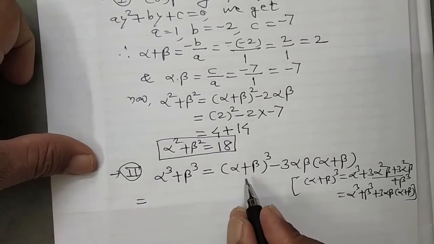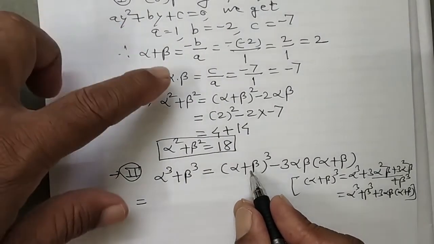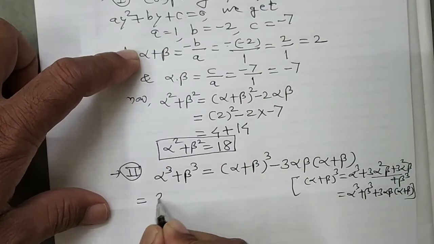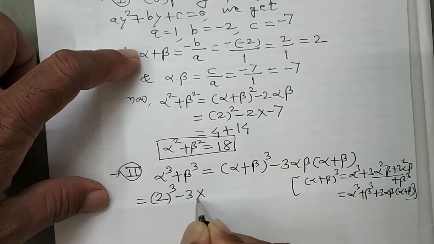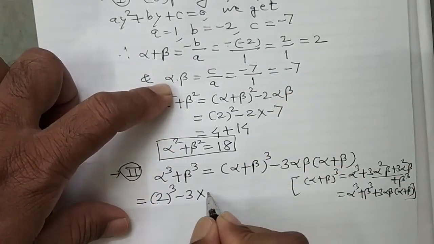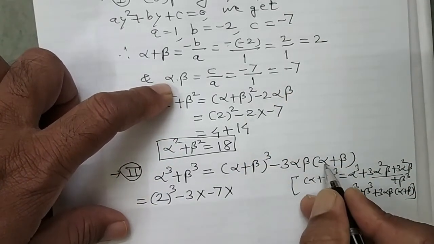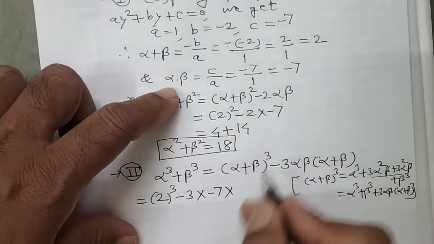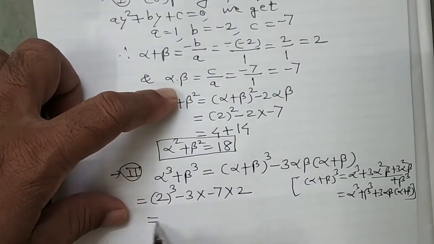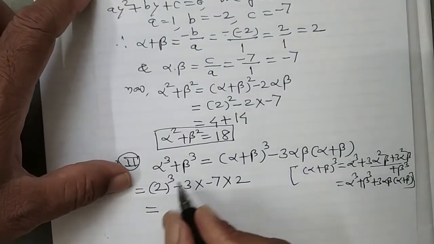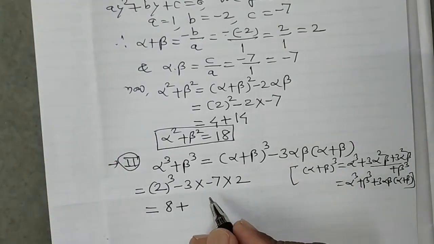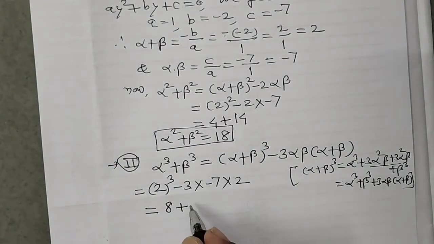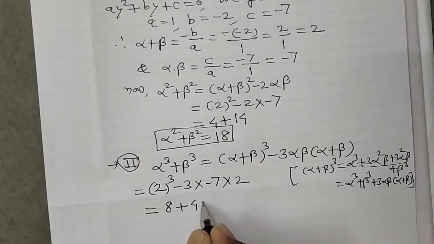Now put the values. Alpha plus beta is 2. So 2 cube minus 3 into alpha beta, which is minus 7, into alpha plus beta, which is 2, is equal to 2 cube is 8, minus into minus plus, 3 into 7 is 21, into 2 is 42.